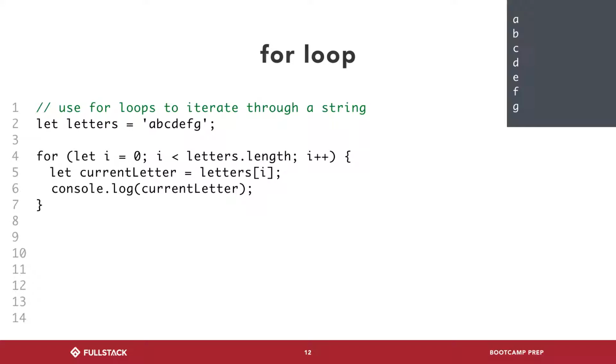One common use of a for loop is we start at 0 because the first element in the string starts at index 0, and we work our way left to right, incrementing by 1, and at each phase we just print out the letter. So we are able to go through every single letter in a string. That's a common use case of for loops. We're going to have a lot more common use cases of for loops moving forward as well.